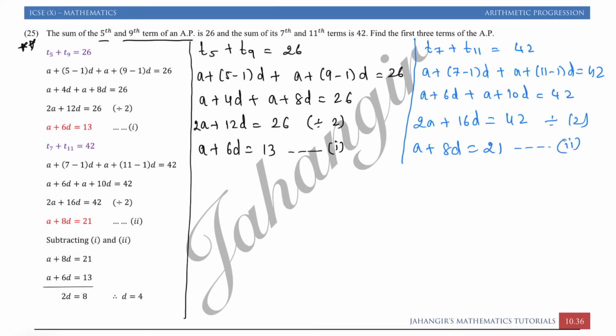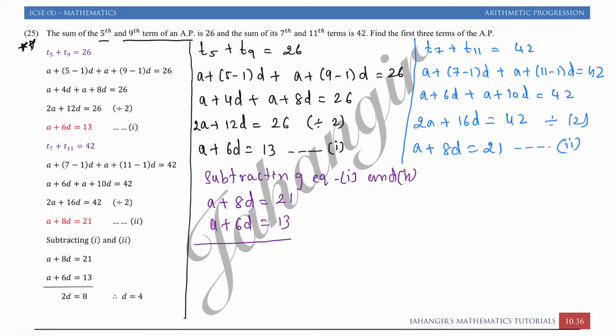Hope you understood. Now we get two simultaneous equations, so we have to solve them. So subtracting equation 1 and 2. First, A plus 8D is equal to 21. A plus 6D is equal to 13.